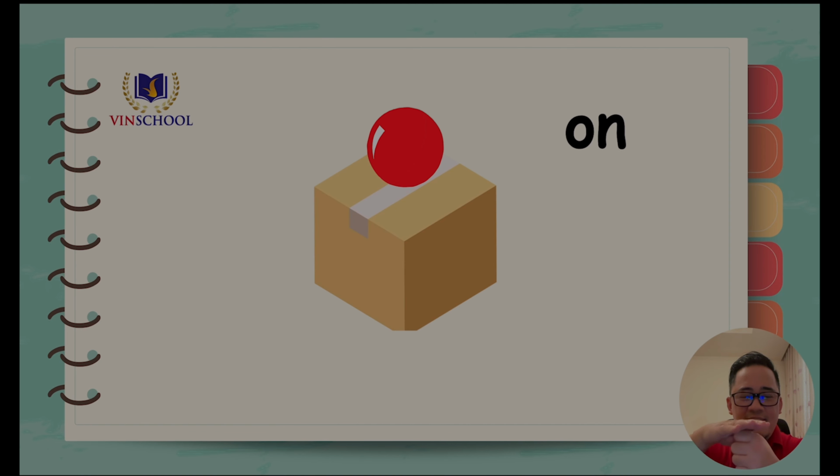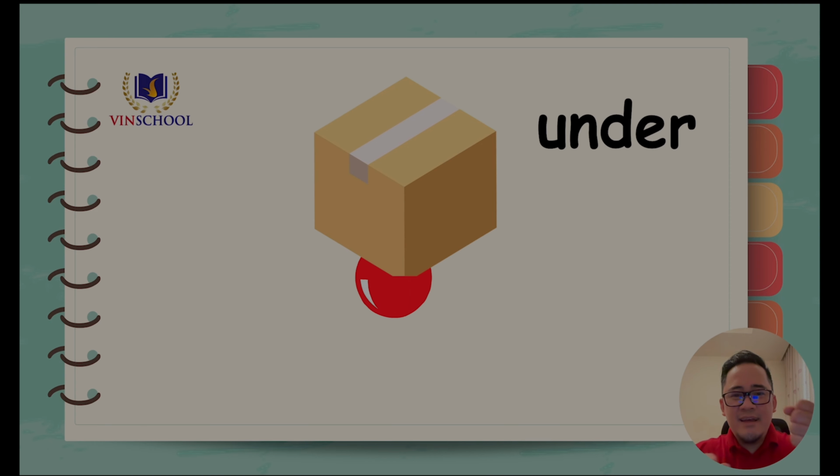On. Where is the ball? It's on the box. Under. Where is the ball? It's under the box.